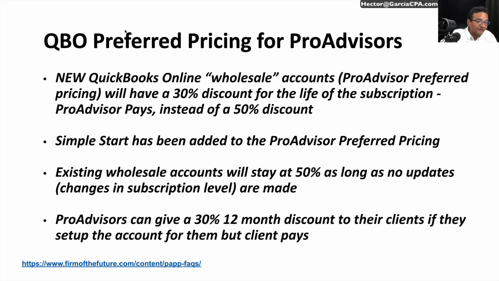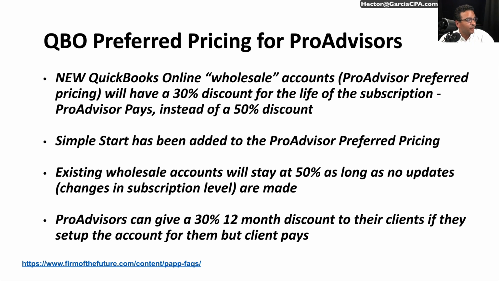However, if there's a change in subscription, if you go from Plus to Advanced, from Plus to Essentials, from Essentials to Simple Start, whether you upgrade or downgrade, it doesn't matter what the change is, if you make a change, the 50% will go away and the 30% will kick in.